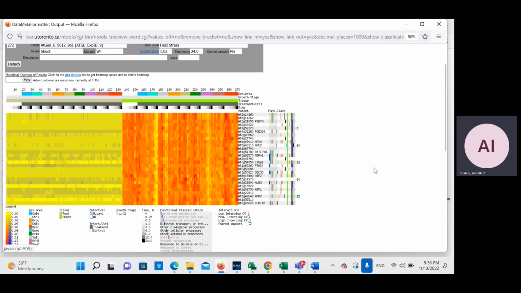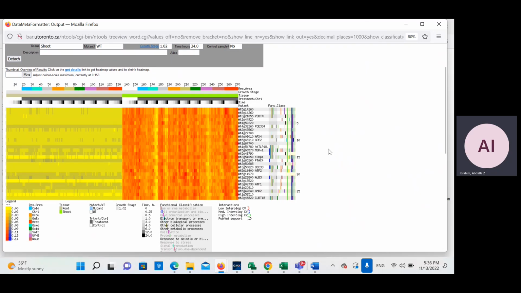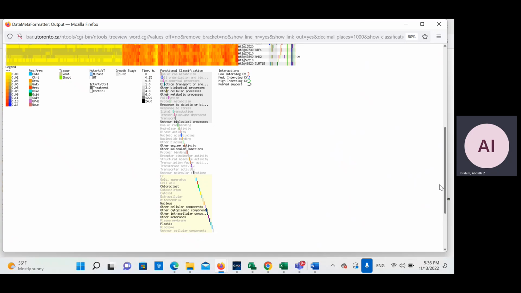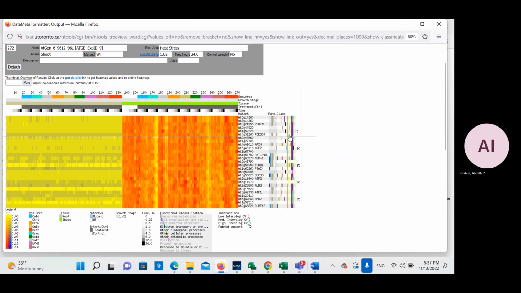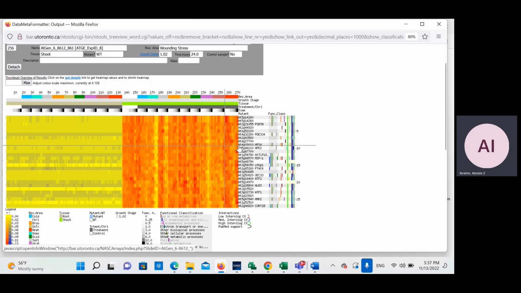Almost all of them have the green bar. So I go down here to figure out what the green bar is, and you see that this green bar says chloroplast. It means these genes are correlated; they have something to do with the chloroplast, which is the photosynthetic machinery. So this figure would be interesting, and I'd be interested in analyzing this one.